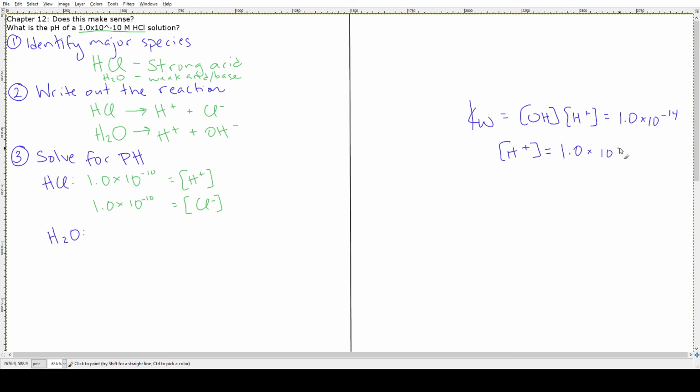So we end up with these concentrations for water. Oops, that should be a 7. Okay, so I can record that over here: 1.0 times 10 to the negative 7 is my hydrogen from my water autoionization and my hydroxide.